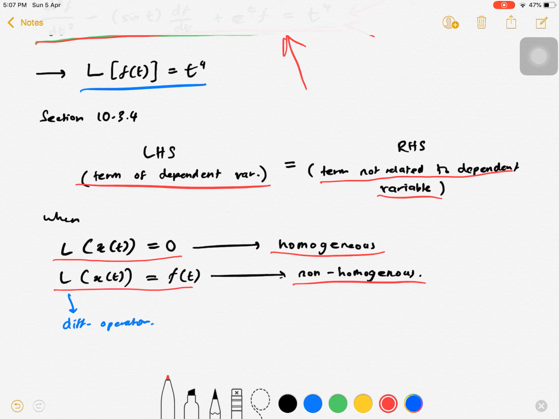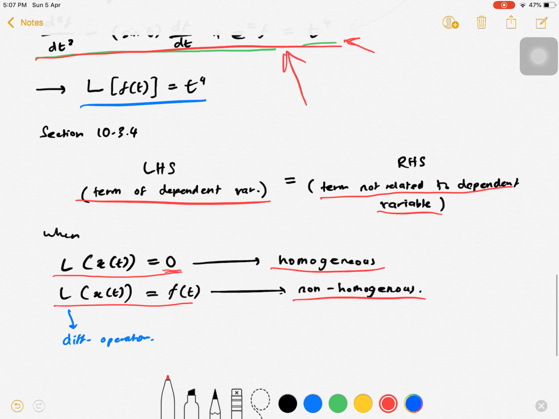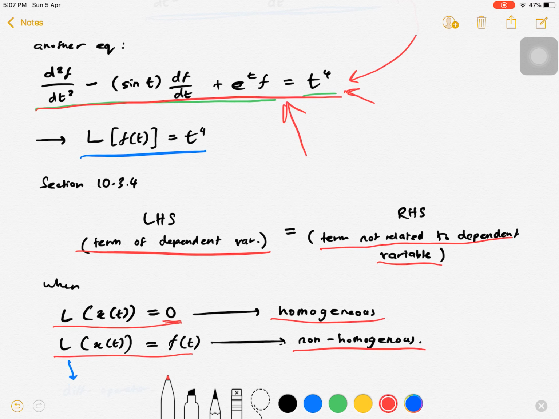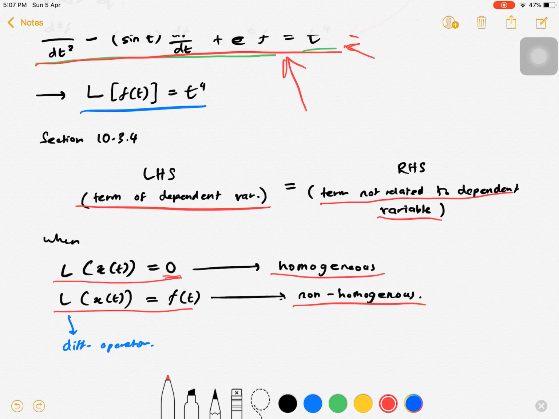So in this case, when operator L is equal to 0, where there is no component at the right hand side, which is, if you look at here, there is no t power of 4, the differential equation is homogeneous. And when there is some expression at the right hand side, we know that it is a non-homogeneous linear differential equation. So I hope you get that.